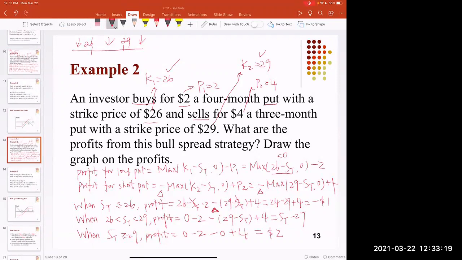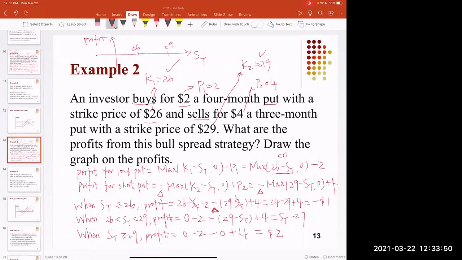Yes. So you see, call and put are basically very similar, but for the minimum and the maximum profit, they're just opposite. So let me draw the profit diagram. Again, the x-axis is the stock price ST, and the y-axis is the profit. Here we have two strike prices, one is 26 and the other is 29.